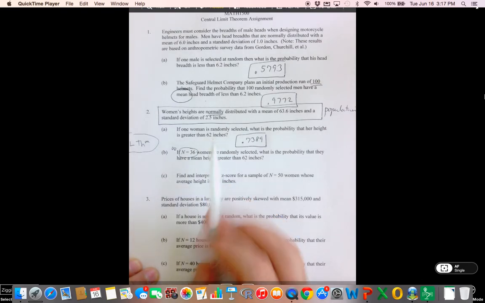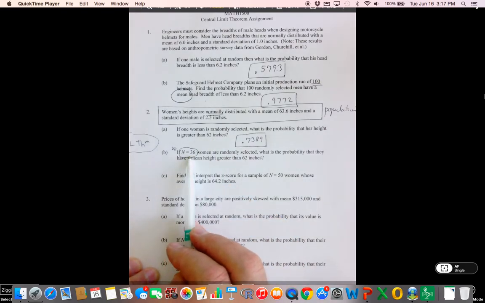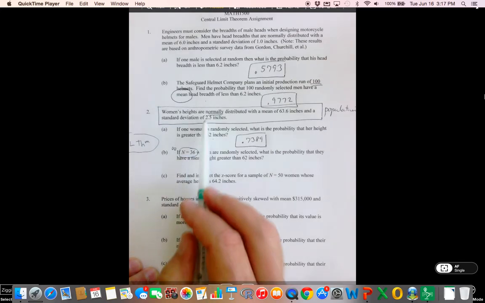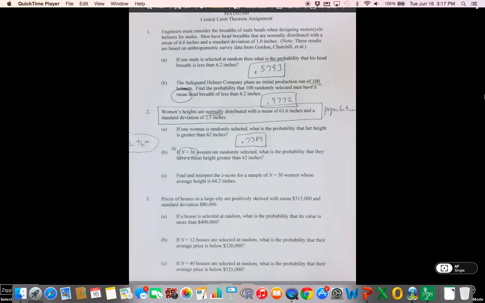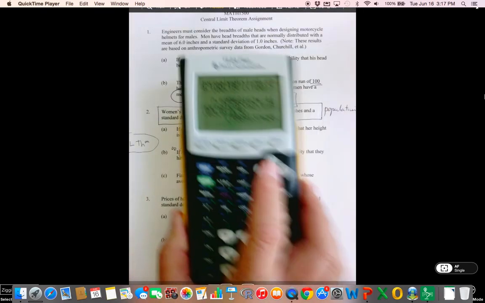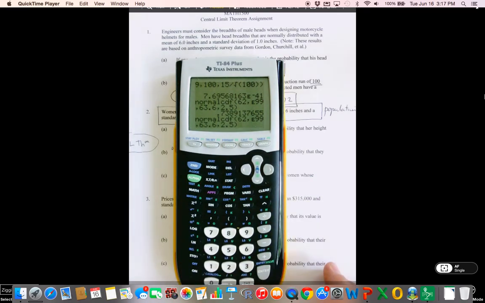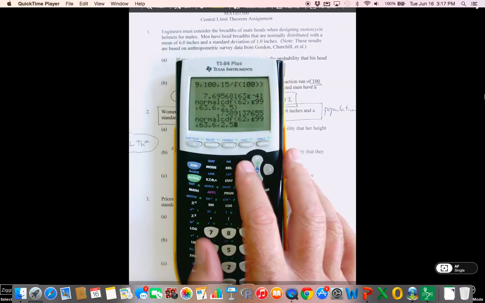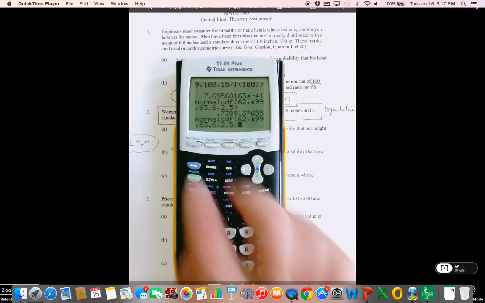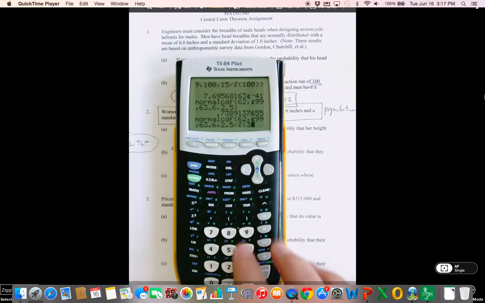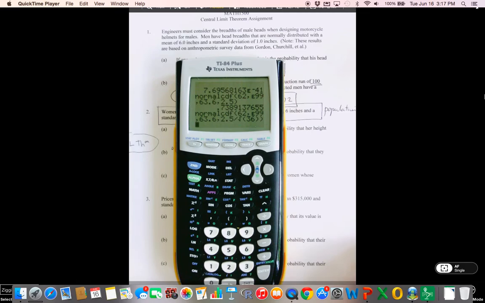Well, it's a different type of problem, but at the end of the day, what's the difference? Not much. I just have to divide the standard deviation by the square root of n instead of using the standard deviation of 2.5. So guys, I got the same problem I had before, and I could go second function entry to make a point. I don't need to change anything except divide by the square root of the sample size.